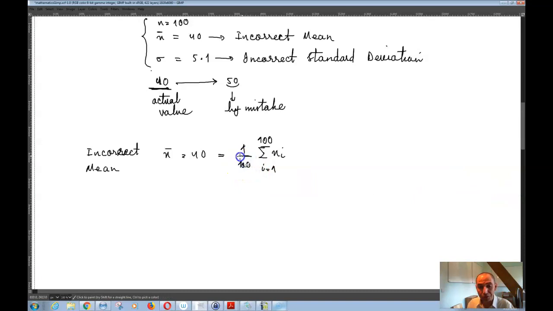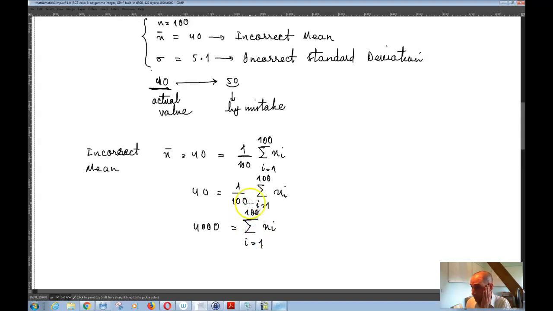So 40 is equal to 1/100 times the sigma of x of i, as i goes from 1 to 100. Now if I multiply both sides of this equation by 100, I will get 4000 is equal to sigma x of i, as i goes from 1 to 100.